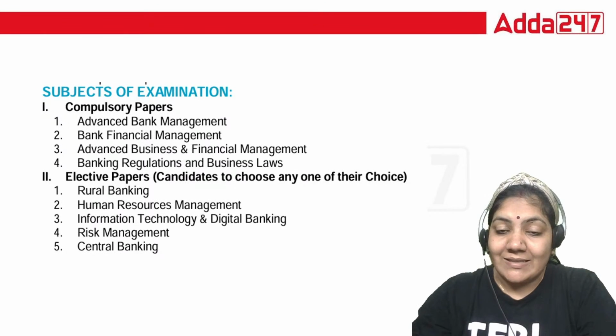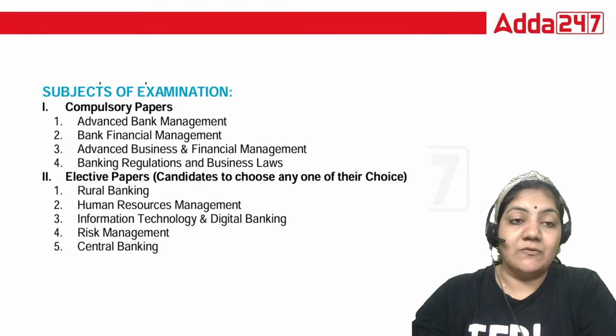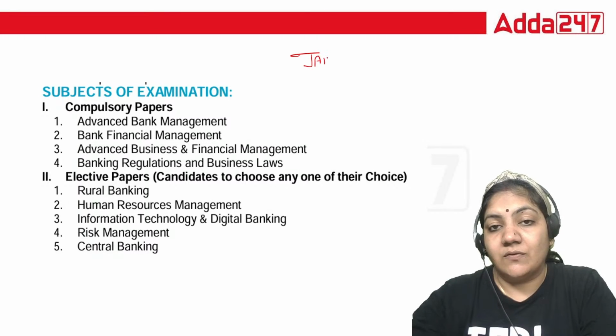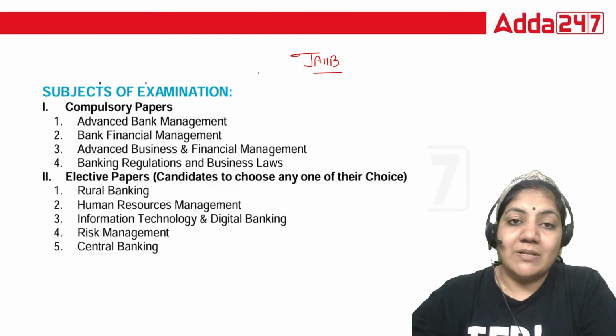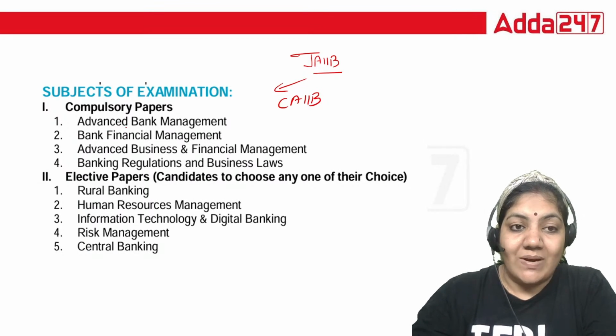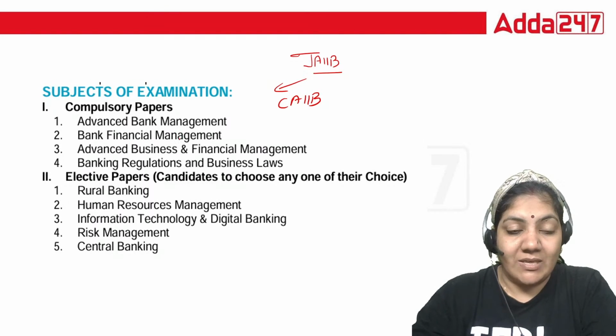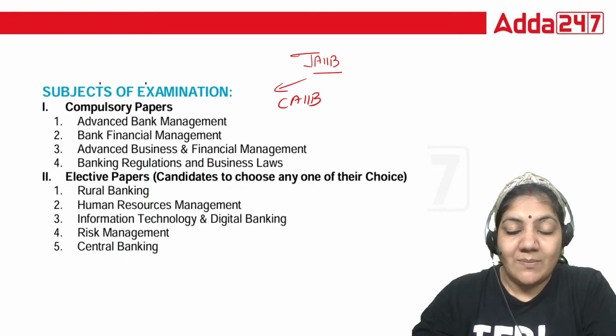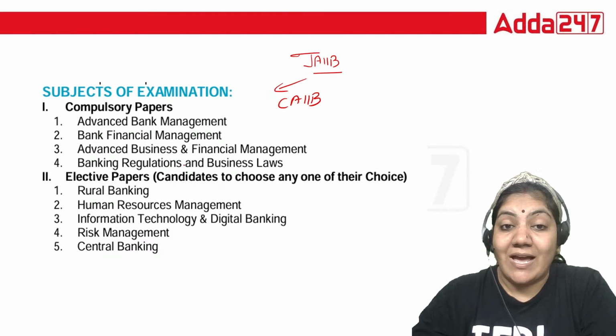Before starting, we have to know the compulsory subjects of your CIB. In CIB, you have ABM, that is Advanced Bank Management, BFM, Bank Financial Management, ABFM, Advanced Business and Financial Management, and BRBL, Banking Regulation and Business Law.